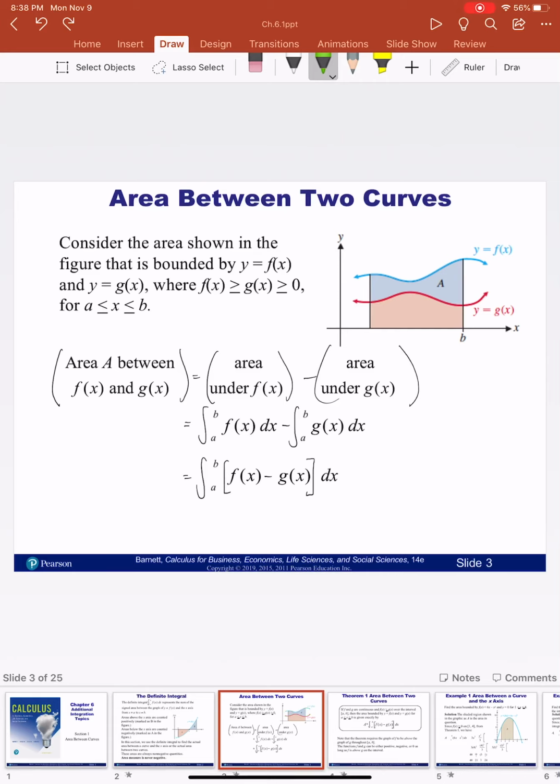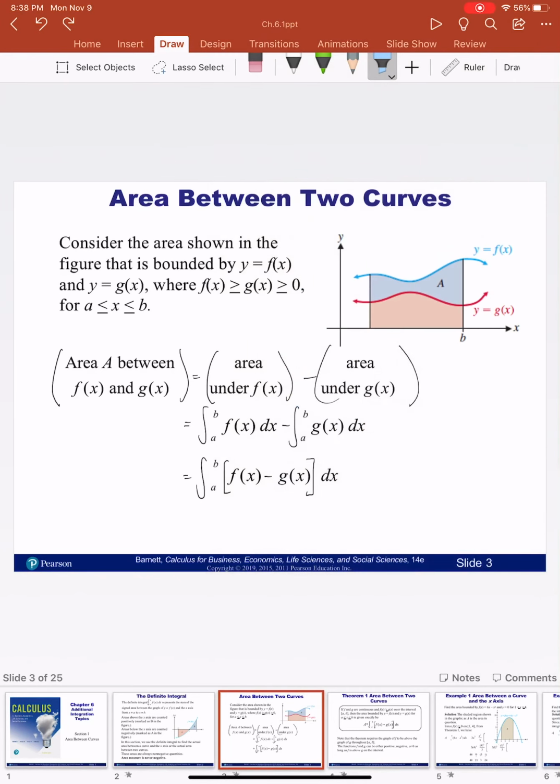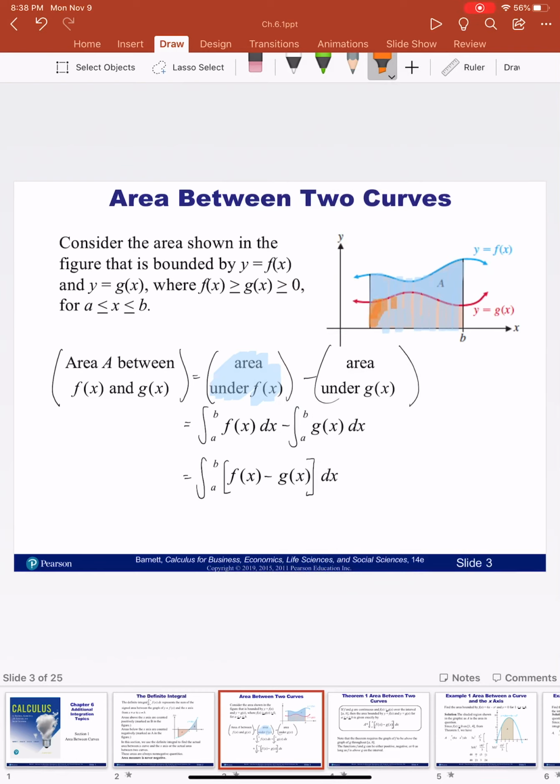Basically, we are going to find the whole entire region of the blue curve, this one. That's the area under f of x. And then if I also find the area of this orange one, we know how to do that by the fundamental theorem of calculus.